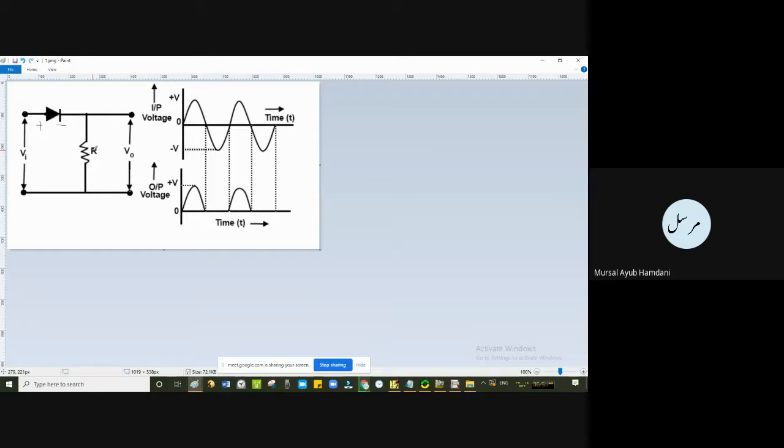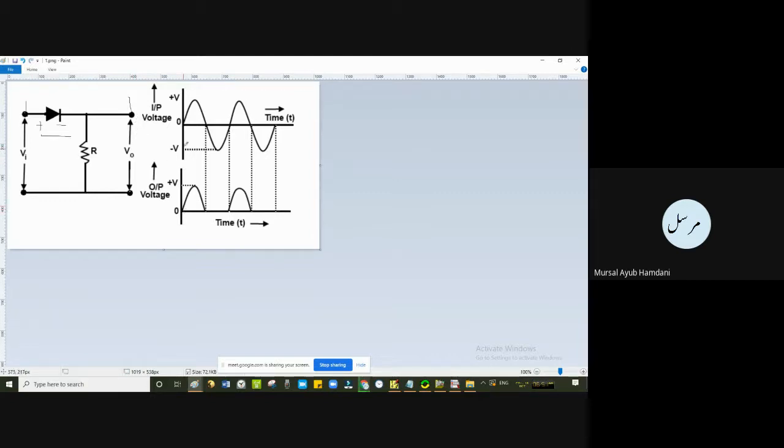That essentially entails that the diode will be forward biased in the positive half cycle, and that means we have a short circuit from this point to this point. A short circuit will mean that whatever is there in the input, correspondingly we'll have the output.